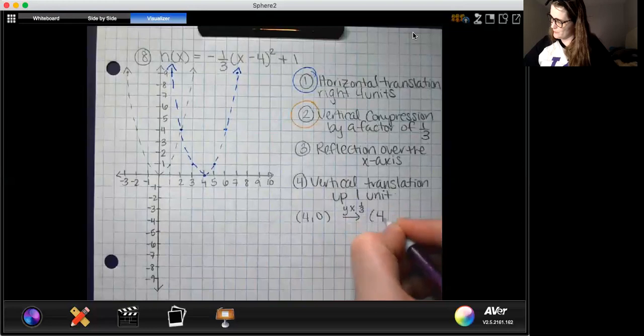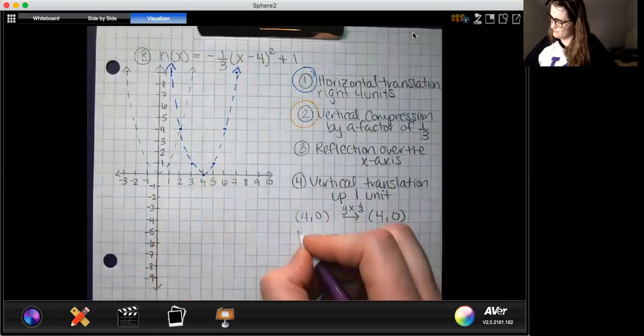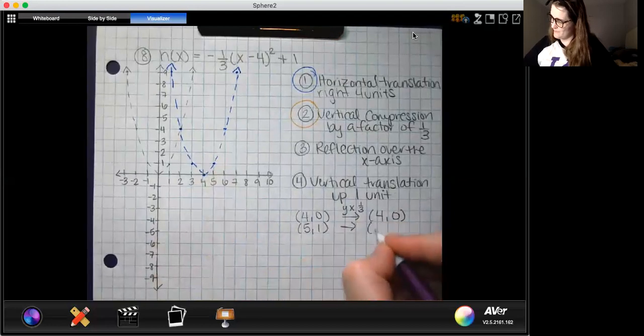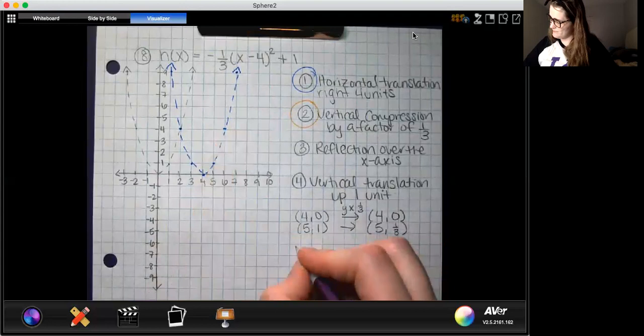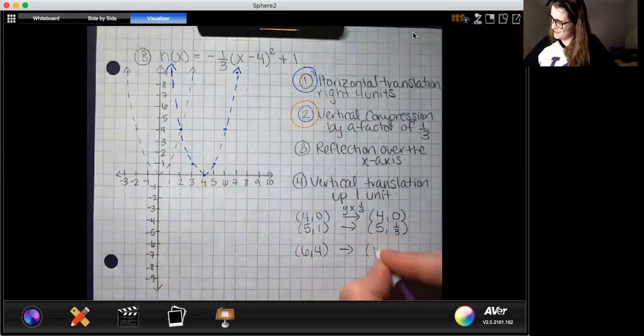So it's still going to be (4, 0). Then we have (5, 1), which now will be (5, 1/3). Then we have (6, 4), which will now be (6, 4/3).